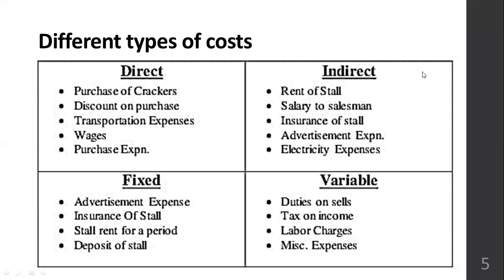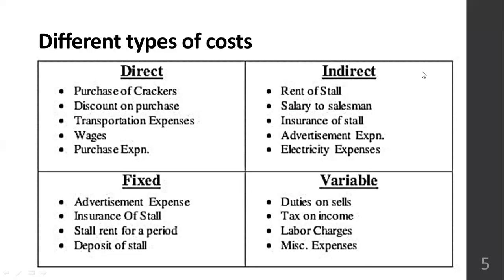An example, discount that you give on purchase. Customers will ask for some discount. The discount that you are giving, that is also a cost. Transportation expenses for your staff or raw materials or resources, the money that you have spent on transportation to make things available for your customers, that is also a direct cost.